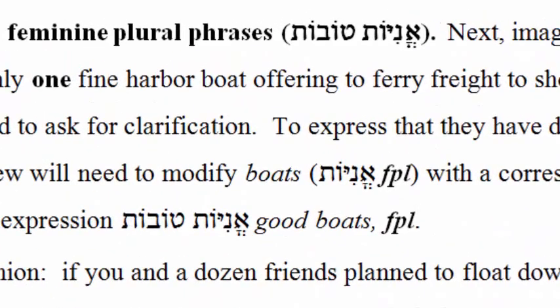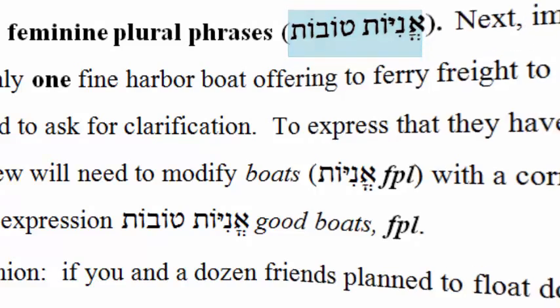Consequently, our noun will shift from oniyah, feminine singular, to oniot, feminine plural. Similarly, our adjective must move from feminine singular, tovah, to feminine plural, tovot. This will produce the adjective phrase, oniot tovot, good boats or good ships.